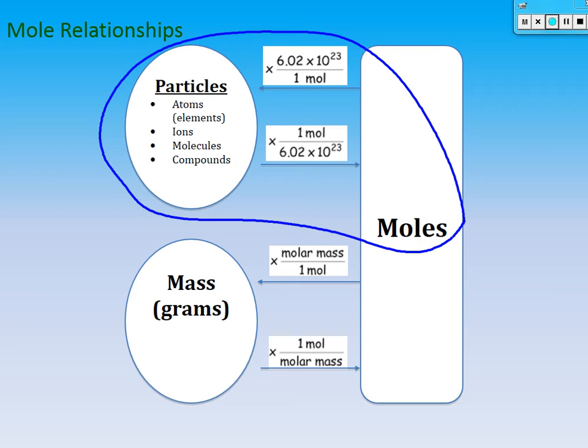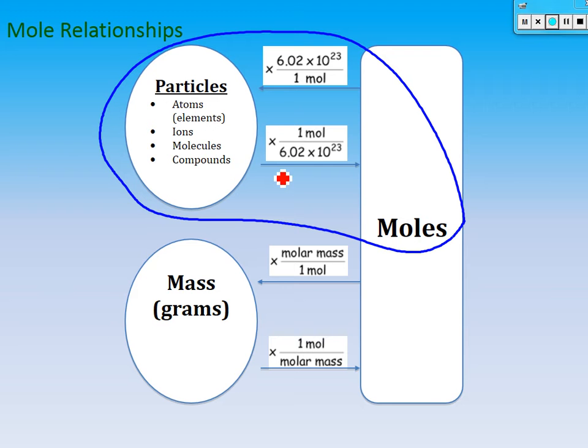What we're going to focus on today is this top part, going from moles to particles. So if we're going from moles to particles, we take this top bridge across. Or we might go from particles and go over to moles and cross this bottom bridge. Okay. So we're going to focus on those types of chemistry problems today, moles to particle conversions.